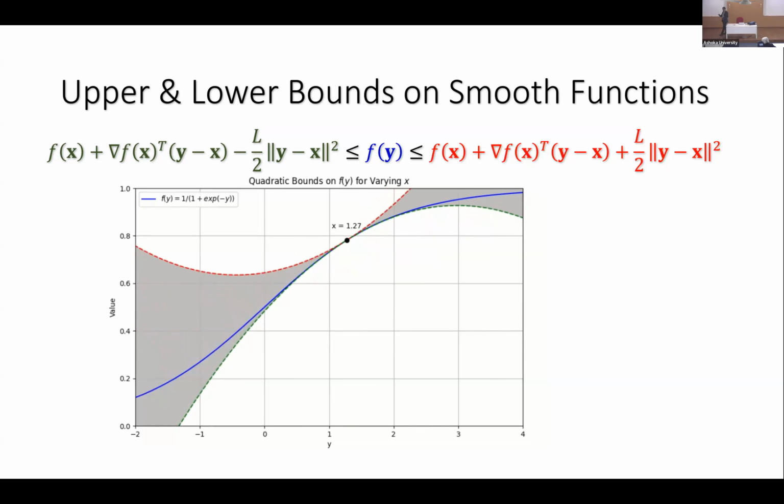Everything else is changing. It's moving, and its tangent is also changing. As I said, only its curvature is constant, which is how curved it is. That part is constant. Everything else keeps on changing.